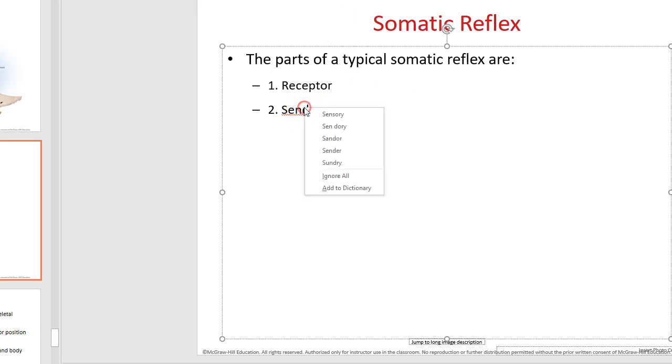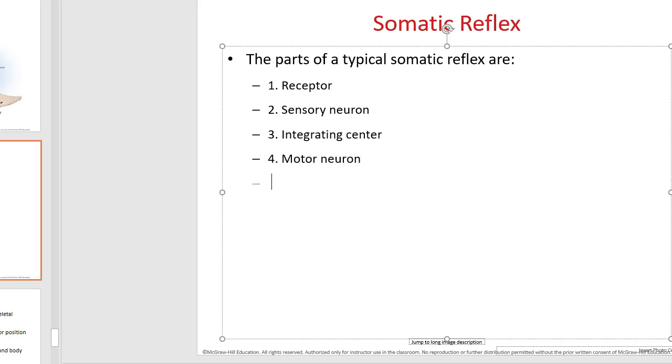Ooh, misspelled sensory. Then we have an integrating center, which is our control center, which is going to tell us what we need to do. We need to have a motor neuron or an efferent neuron. And then, of course, we have to have an effector.